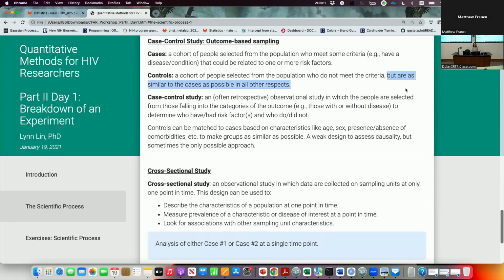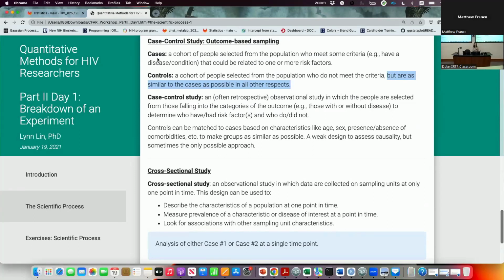And at the same time, we want to make sure that this control cohort is as similar as possible to the cases cohort in other characteristics. For example, they are similar in terms of age, in terms of BMI, etc. So why do we want to do that?